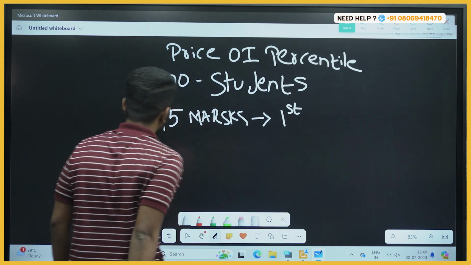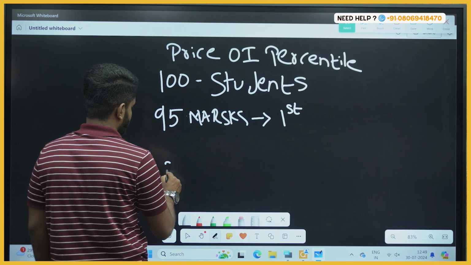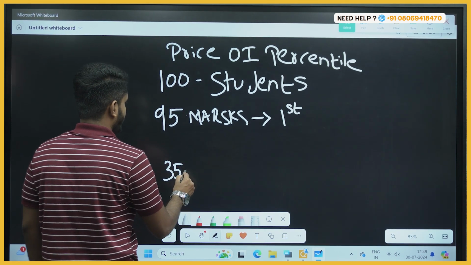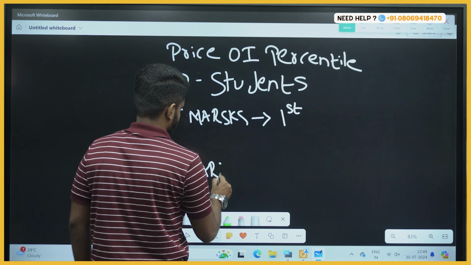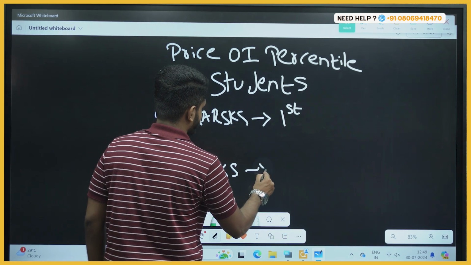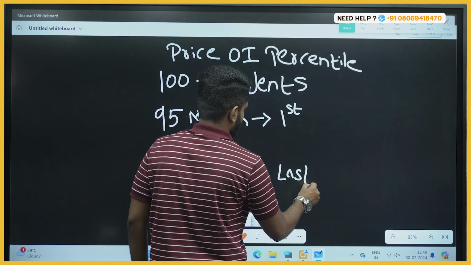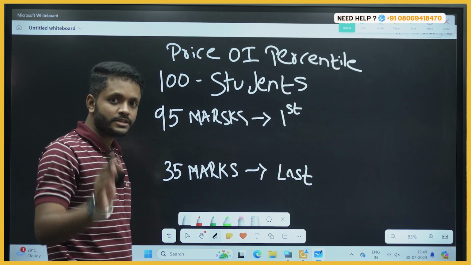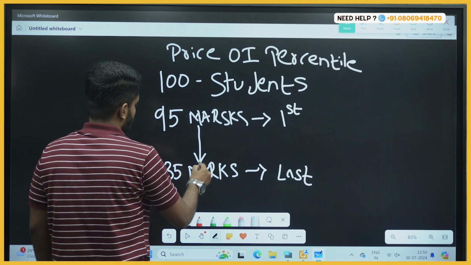Let's say another student has secured, say, 35 marks, and he is the last. The rest of the students are lying between these two.